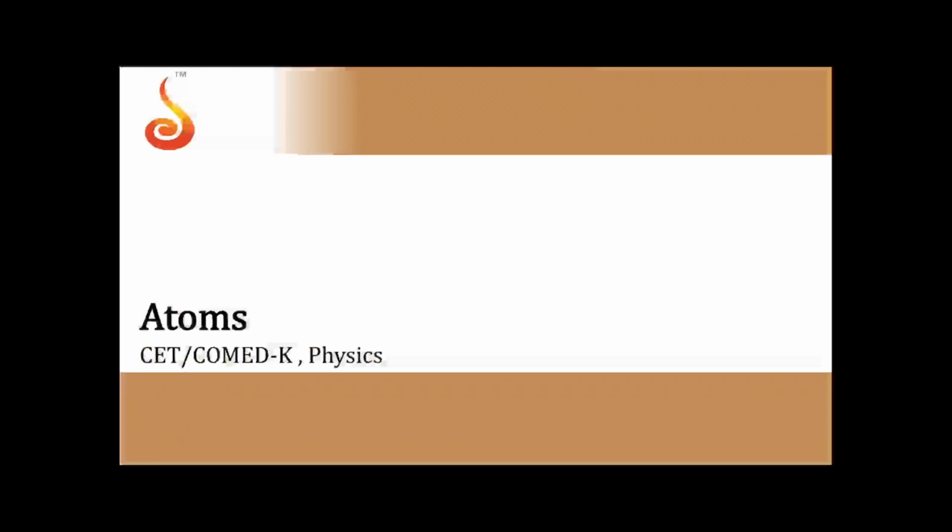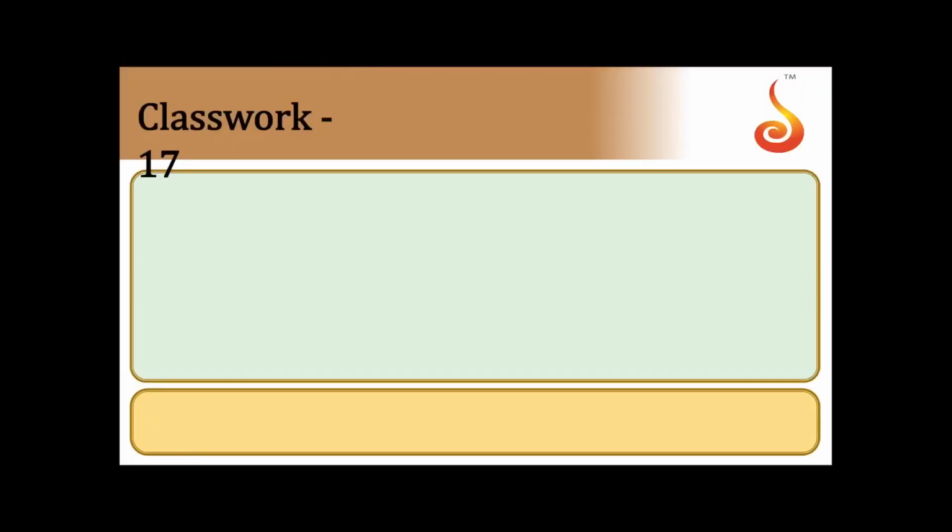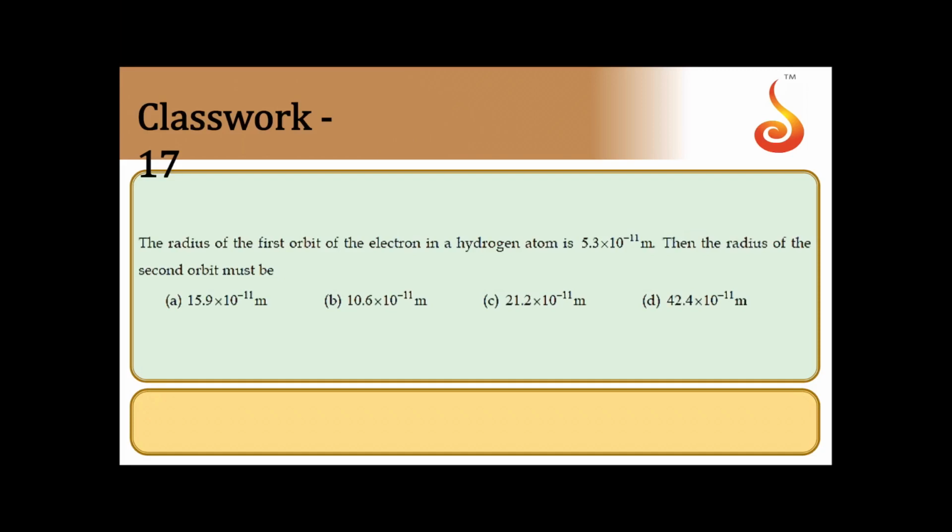So now we'll move on to the next chapter, that is atoms. The radius of a first orbit of electron in hydrogen atom is 5.3 into 10 to the power minus 11 meter.